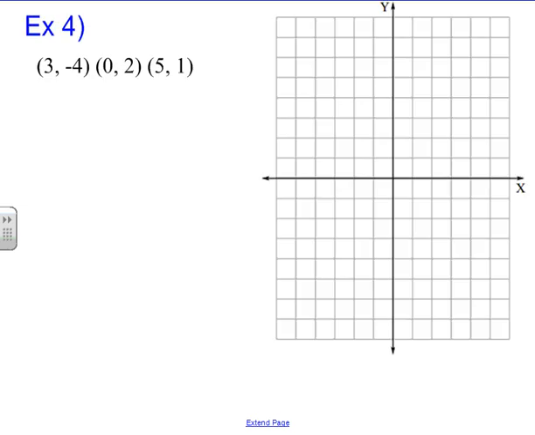If we're looking at this particular set of ordered pairs, (3, -4), (0, 2), and (5, 1), we can see, just as we know that the x represents the input, as we go along the line, we encounter only one output as we go along.